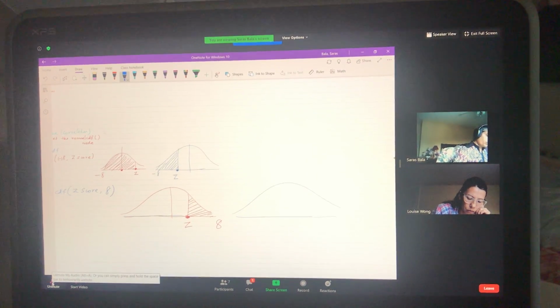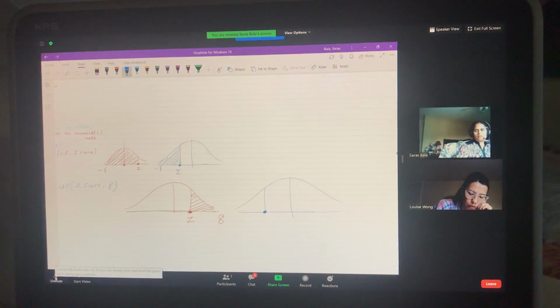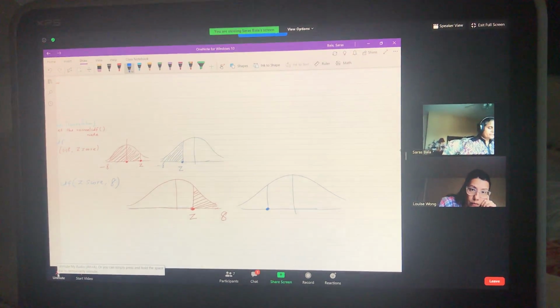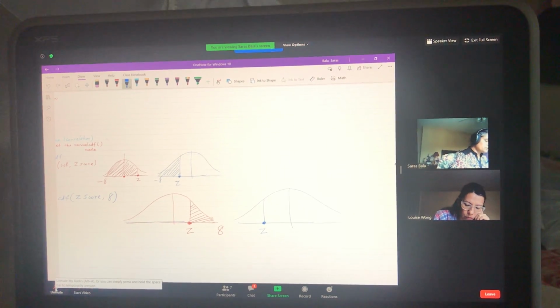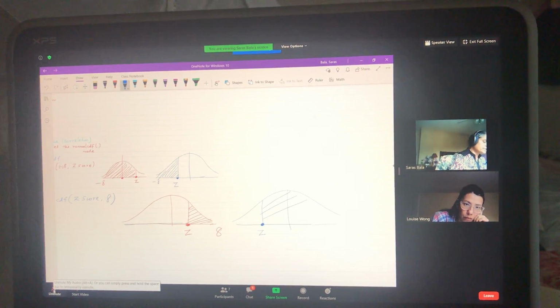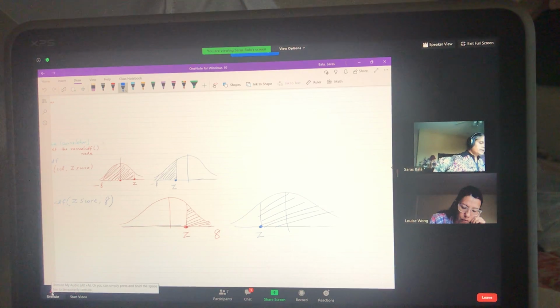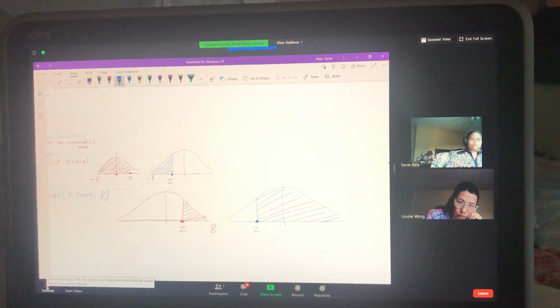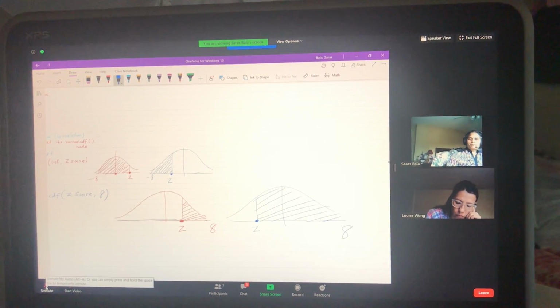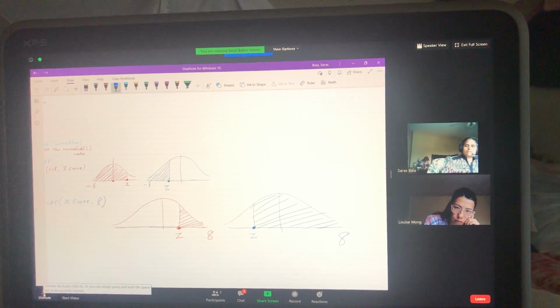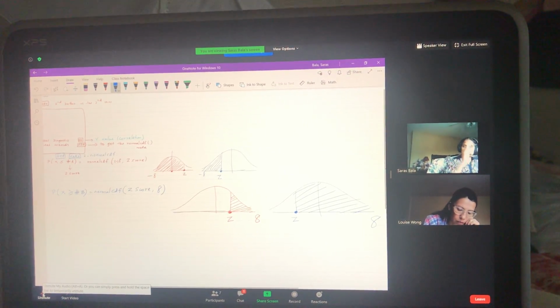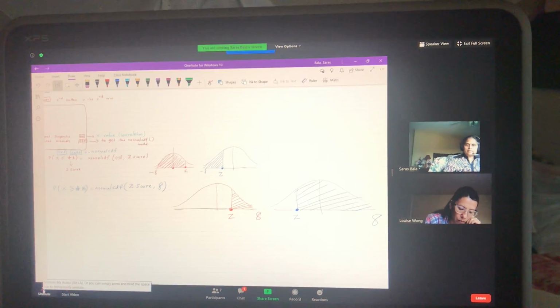But now, what if the given numerical value is giving you a negative z-score? If it is still exceeding z, this is what I'm saying: I am going to have normal CDF, z-score, comma, a big number. In the first picture, my z-score is a negative number. I'm still looking for area exceeding z.